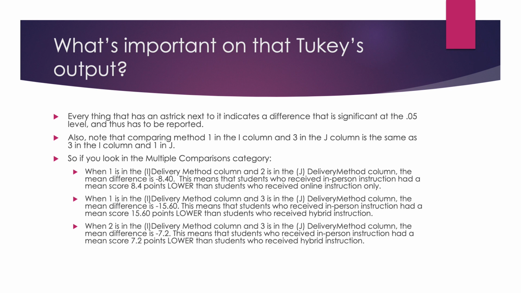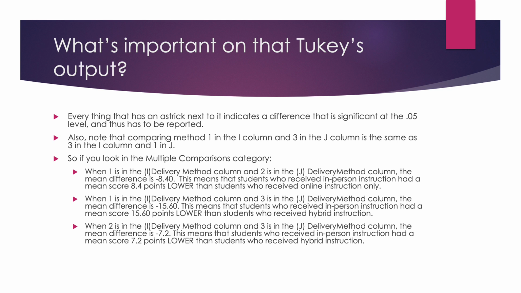So note that comparing method 1 in the I column and method 3 in the J column has the same result as comparing method 3 in the I column and method 1 in the J column, except the sign is switched. So essentially, for every significant comparison on a Tukey's result, it's going to print out twice on the results, but you only need to interpret one of those.